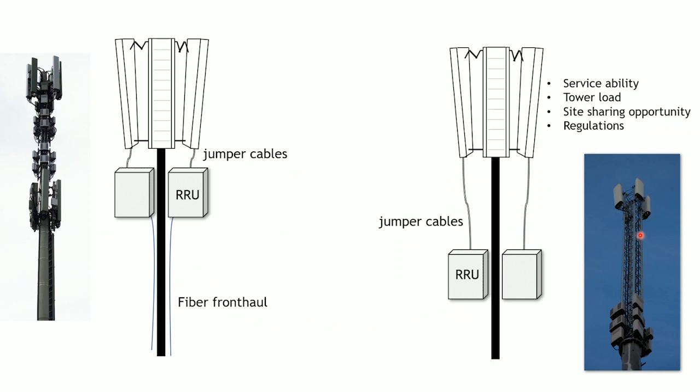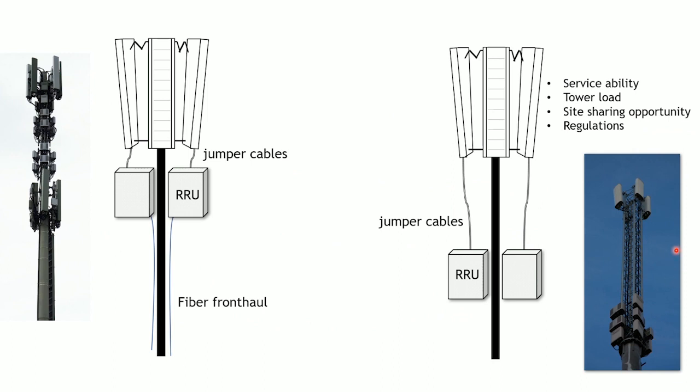If you have your RUs sitting up here behind the antennas, very close to the antennas, you have to switch off all the 15 systems to service only one RU. If you have the RUs a little bit below the antennas, you can do a hot swap of one RU and leave the other 14 systems up and running. That's a huge benefit.